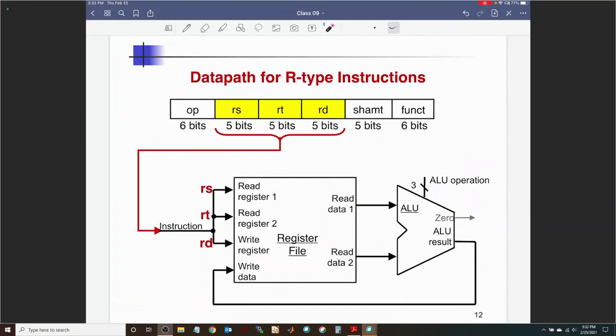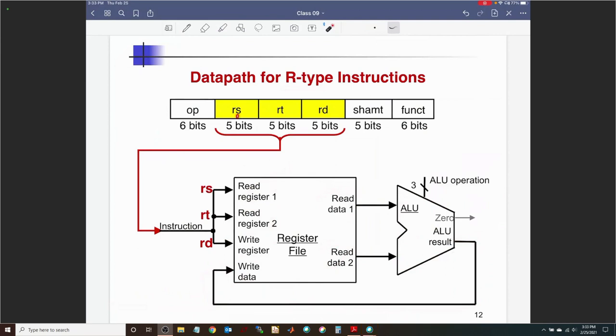Now, at the output, suppose you were doing an R type instruction. What does that mean? That means that you are performing arithmetic operations, right? So you would need the ALU. So here is the ALU. You read data 1 from register 1, you read data 2 from register 2, perform the operation, and put that result back into the register file, one of those destination registers.